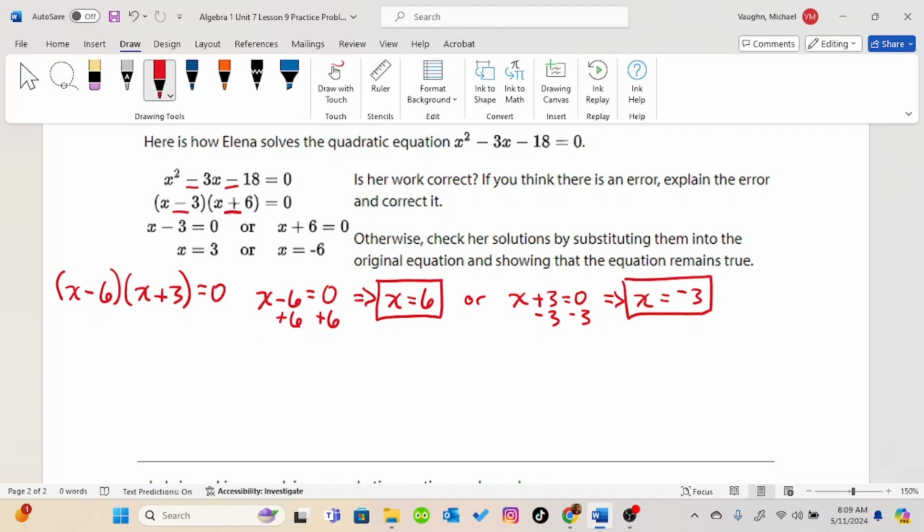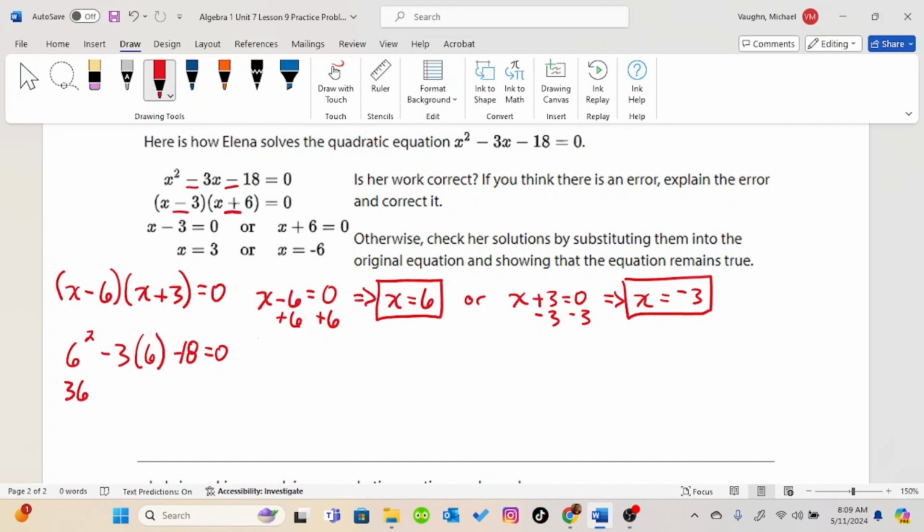If you wanted to check this, you could say 6 squared minus 3 times 6 minus 18 equals 0. 6 squared is 36.